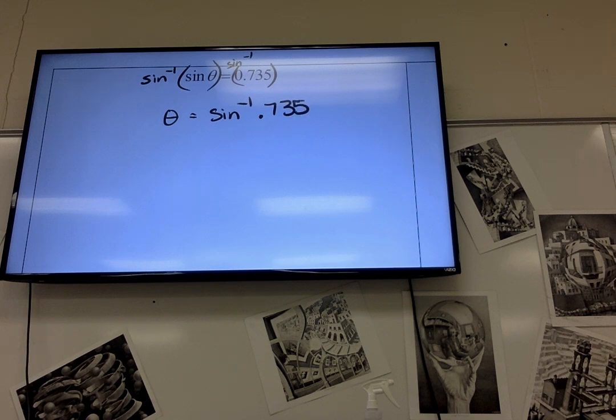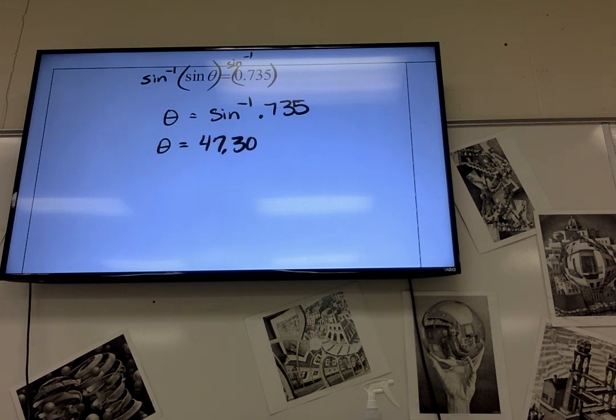It said this was in degrees, so make sure your calculator, and we're going to have to change it halfway through, is in degrees right now. You just hit inverse sine of 0.735, and it says round to the nearest thousandth, so 3 decimal places. 47.307.